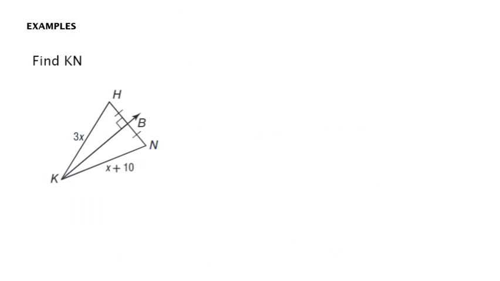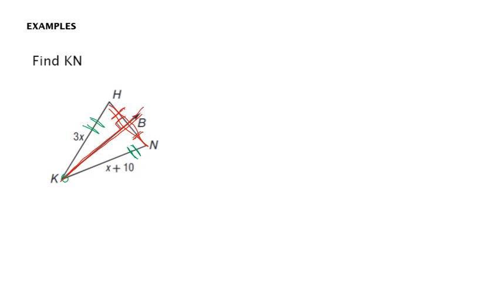The first example is using that perpendicular bisector theorem. What we can see here is KB is perpendicular with HN, but it's also bisecting it, right? So this is a perpendicular bisector. Since K is on that bisector, these two segments formed, 3x and x plus 10, are going to be the same measurement, or congruent.